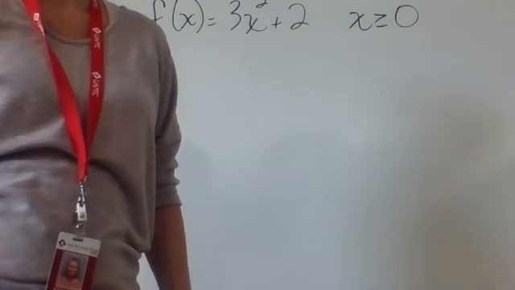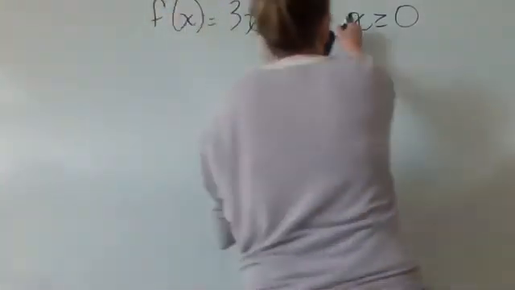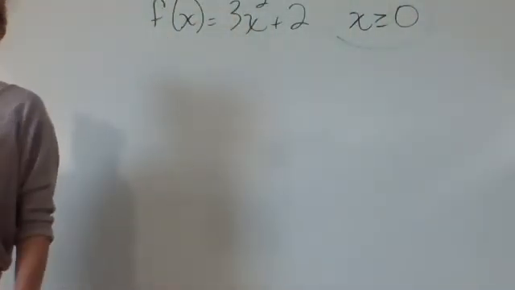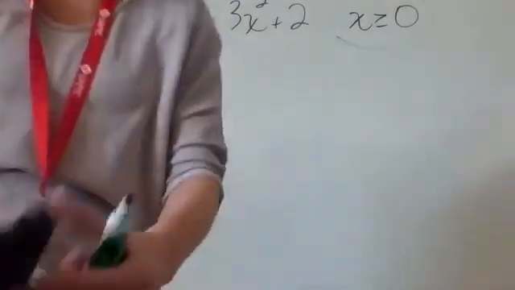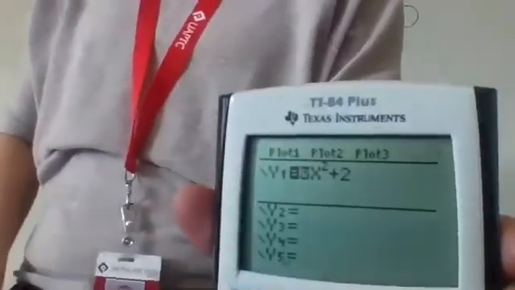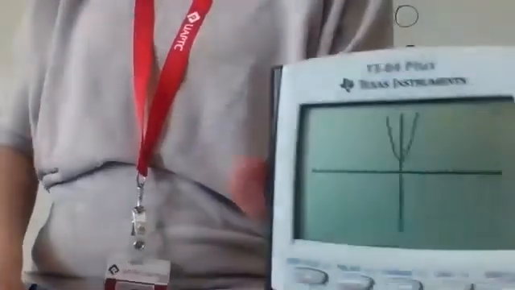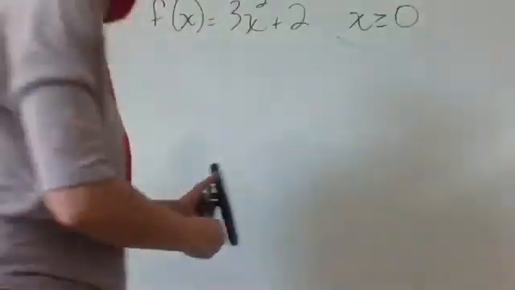It is a U shape, which explains why they put this on this problem. We haven't seen it before, right? When you type in 3x squared plus 2 and graph it, you get a U shape. It looks just like this.